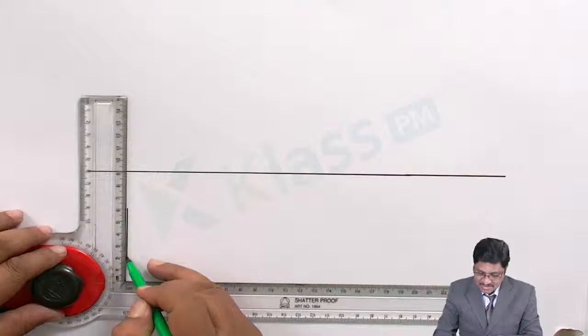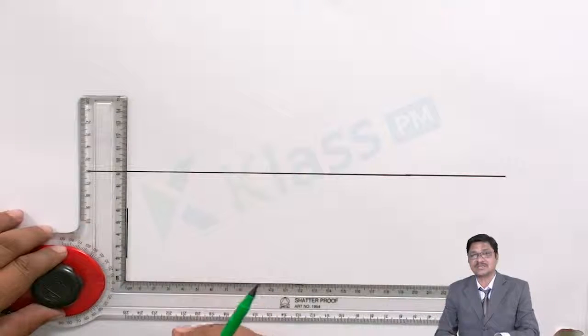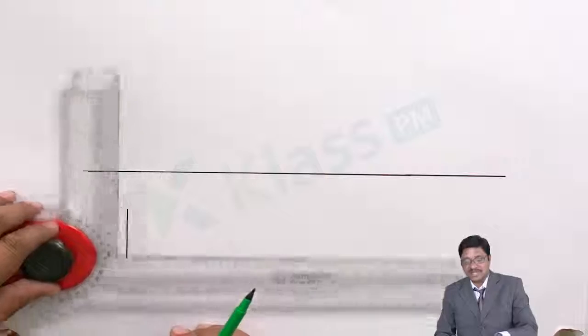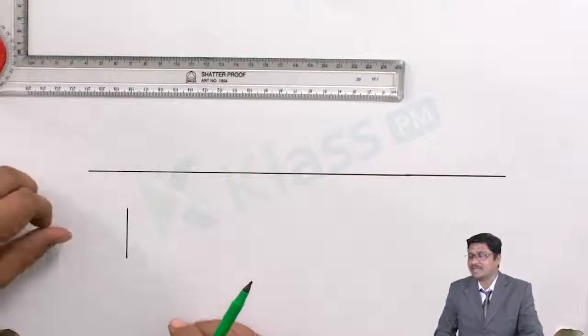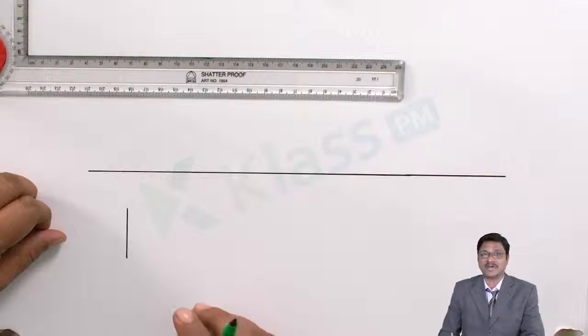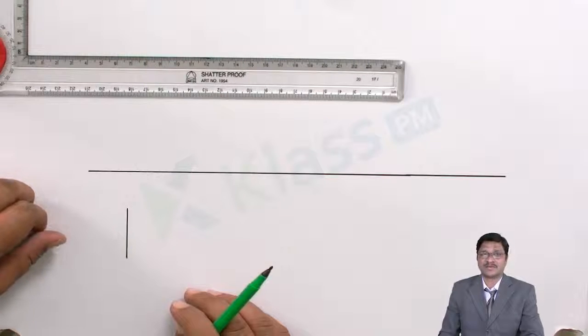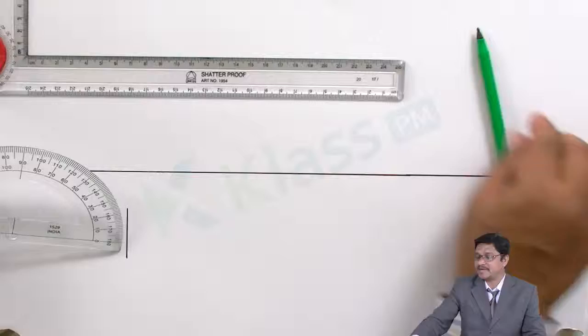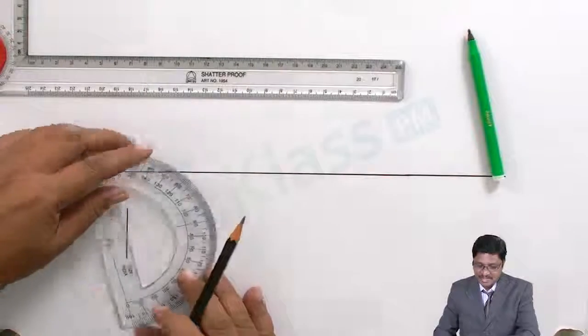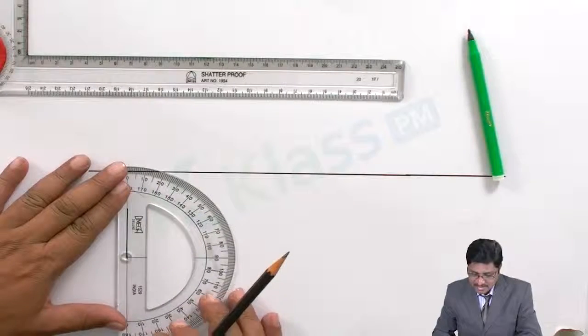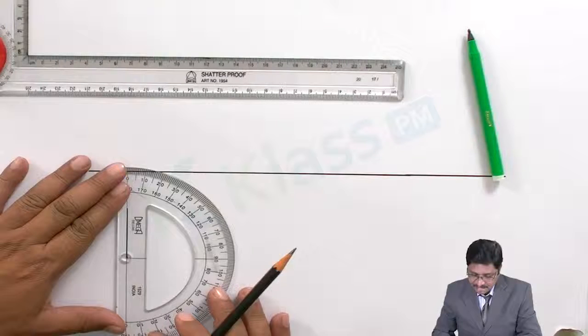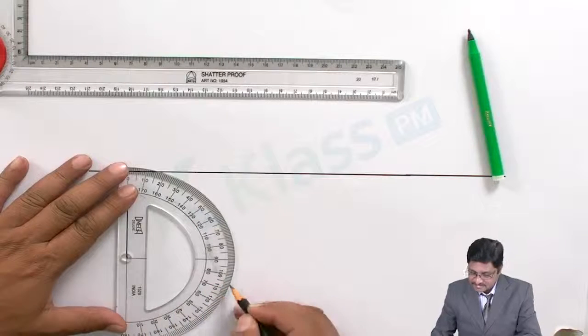Based on this primary side, you have to construct the rest of the figure. For a pentagon, I have to construct 108 degree angles with the same side length. Take the protractor, place it at one end and measure the angle of 108 degrees.